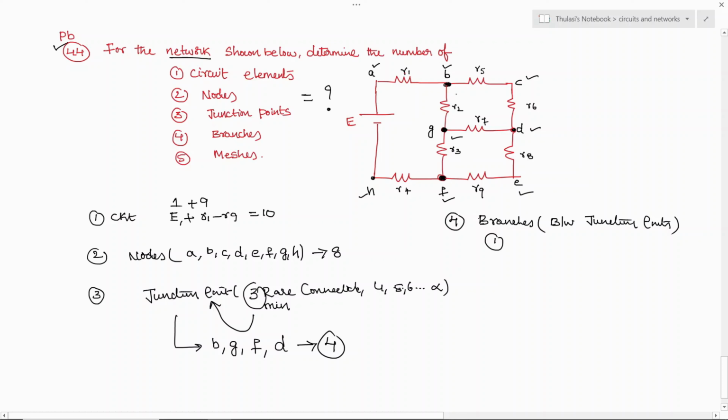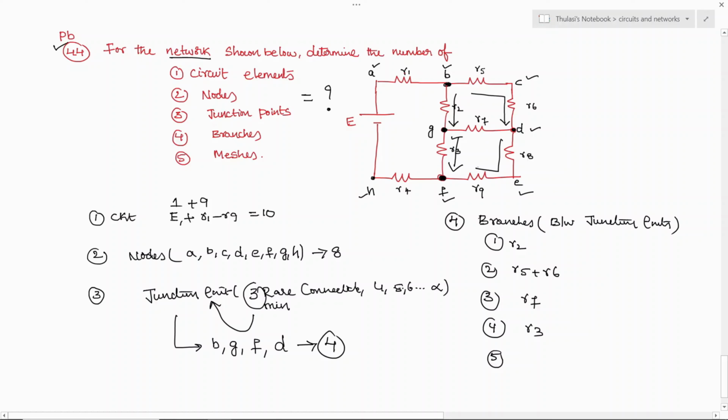Between here, I have one element which is R2, one branch. Second, between these two I have R5 plus R6 between two junction points. Between these two junction points, I have one more branch which is R7. Next, between these two I have R3. R4 and R7 are already completed.